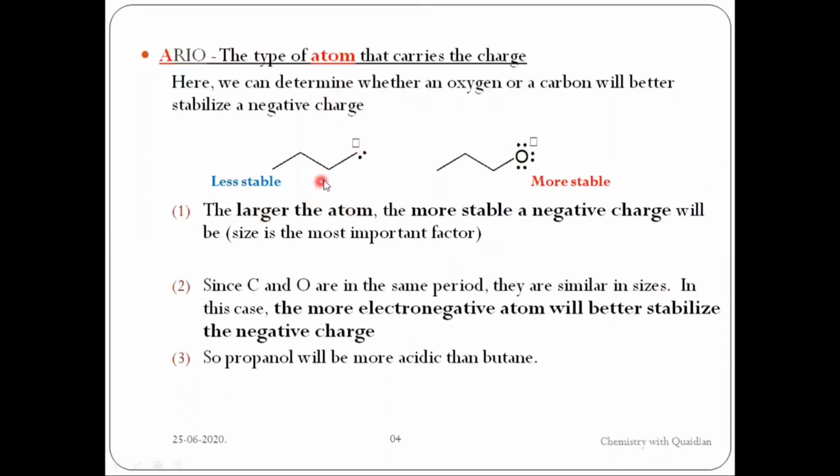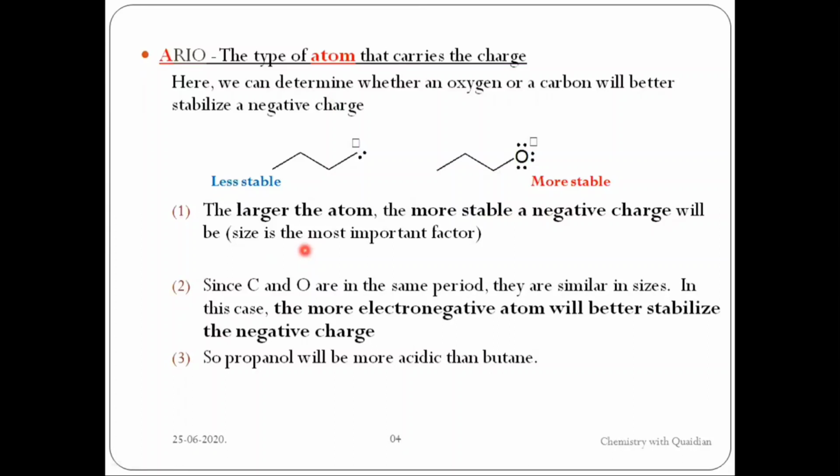So this structure in which the negative charge is on the carbon atom is less stable than this structure in which the negative charge is on the oxygen atom. Why is it so? The reason is that the larger the atom, the more stable a negative charge will be. Size is the most important factor in determining the stability.